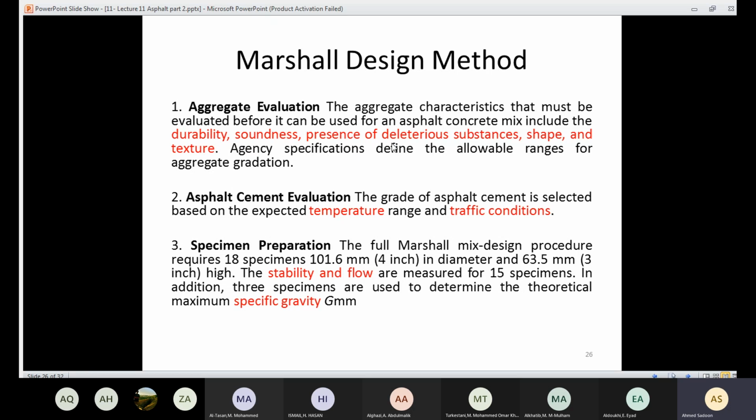Agency specifications define the allowable range for the aggregate gradation, which means that you need to conduct sieve analysis to know your aggregate is within the appropriate range of gradation.